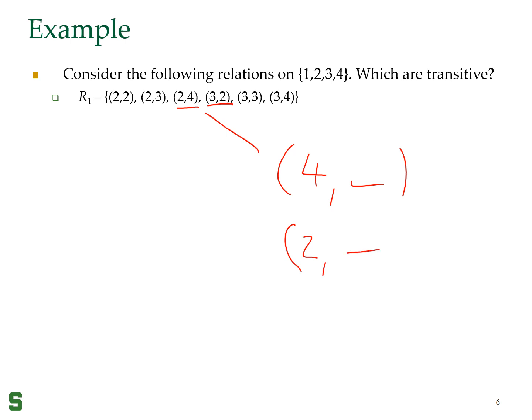I have these two pairs, but as I said, I don't worry about 2, 2. So the only pair I have to worry about is 2, 3. And when I combine it, I'll get the pair 3, 3, which is already in the relation. And then for 3, 4, I don't have anything starting with 4, so I'm good with this. That means this is transitive.